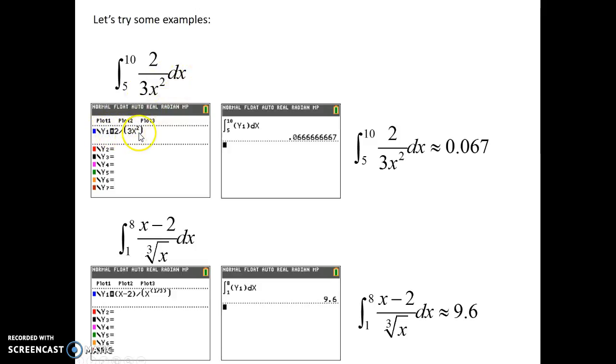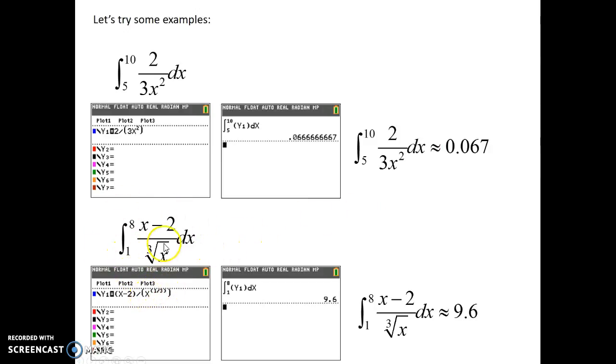So go back into y1 and clear out your previous function that you had in there and carefully enter this function. Go to math, select 9, put y1 in the parentheses, put your lower limit, your upper limit. Don't forget to put the with respect to x and hit enter. And there you are, accurate to 3 decimal places. That's 0.067.